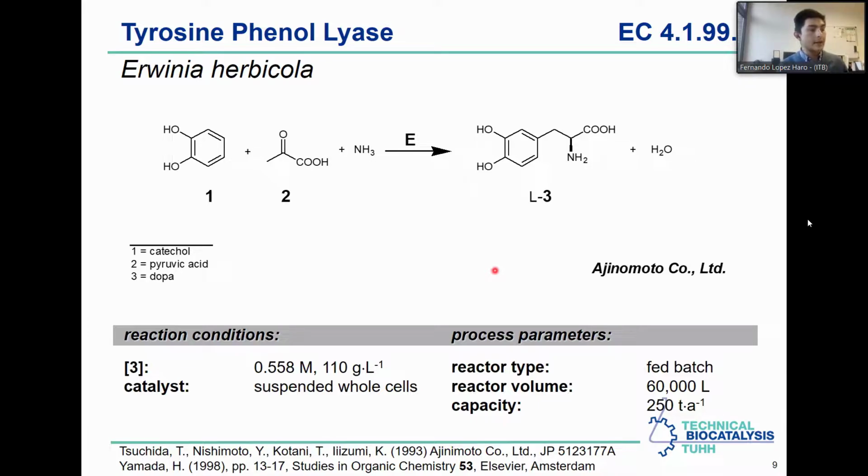We have here catechol, pyruvic acid, and ammonia, that all three together combine to form this rather complicated-looking molecule, which is called L-DOPA, and a residue of water. This is an actual process done by Ajinomoto, the Japanese company.